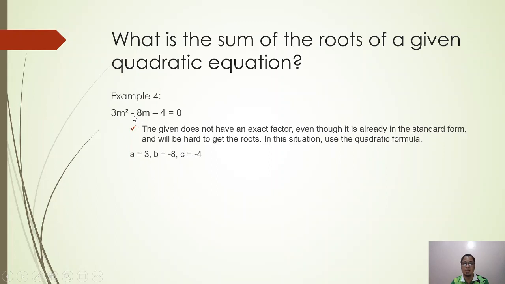B, including the sign, negative 8. C, also including the sign, negative 4. So these are the values we need. Once you have double-checked that the values you wrote are correct, ignore the original given. Just focus on this one.